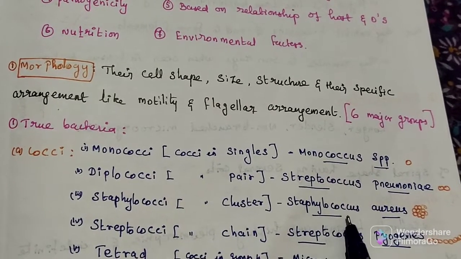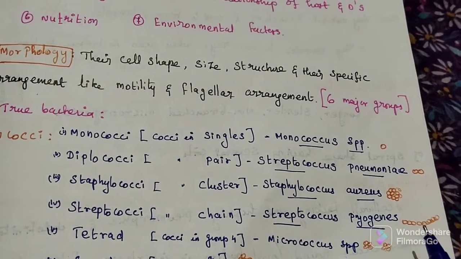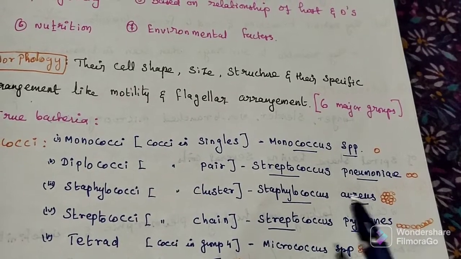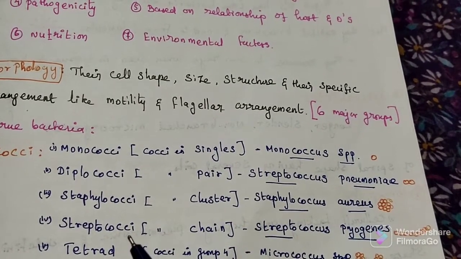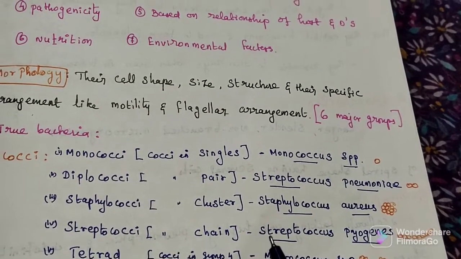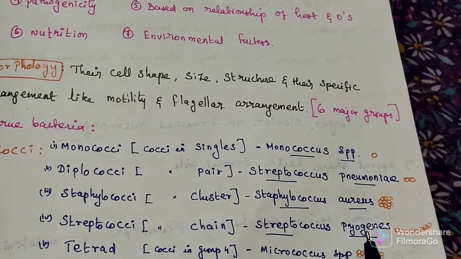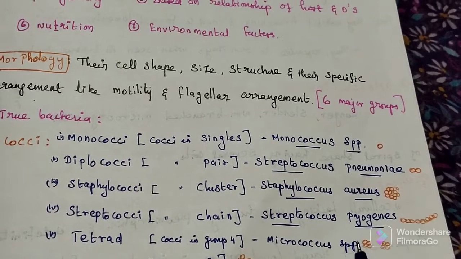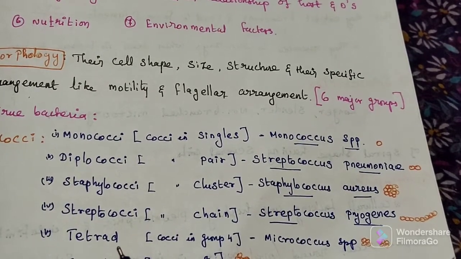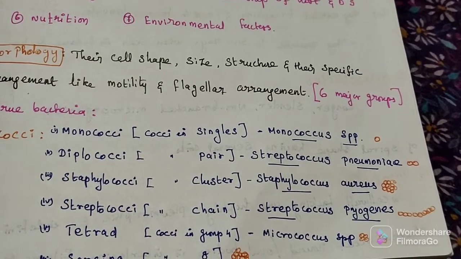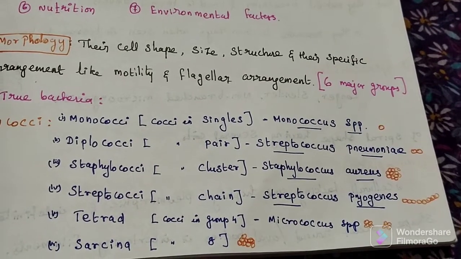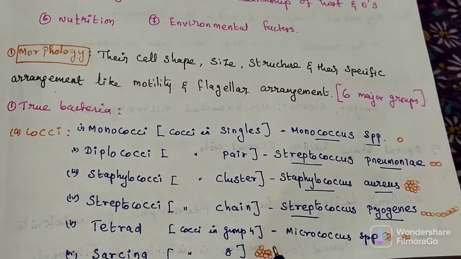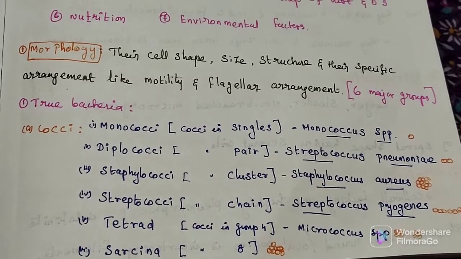Example, Staphylococcus aureus. Round shaped bacteria arranged in chains are called Streptococci. Example, Streptococcus pyogenes. Cocci arranged in fours are called tetrad. Example, Micrococcus species. Cocci arranged in eights are called Sarcina.